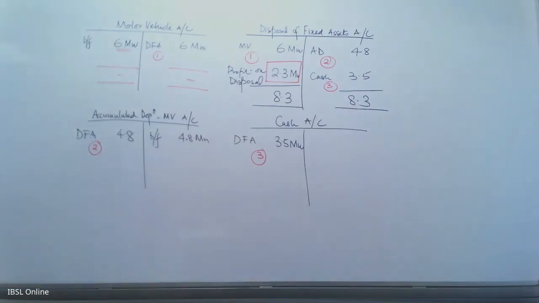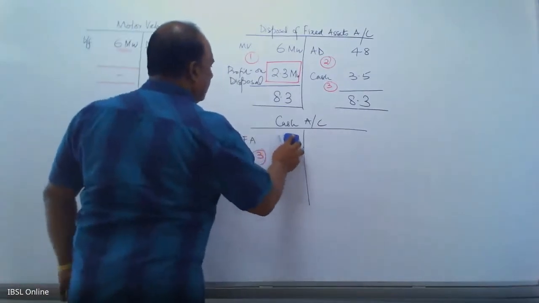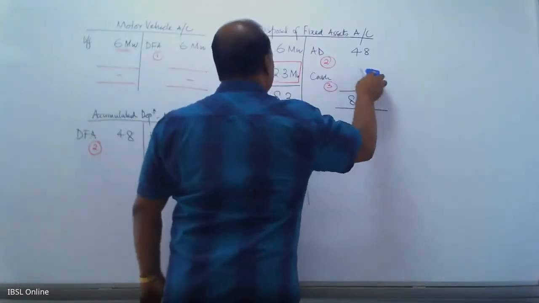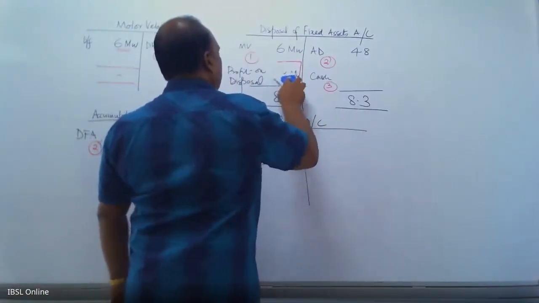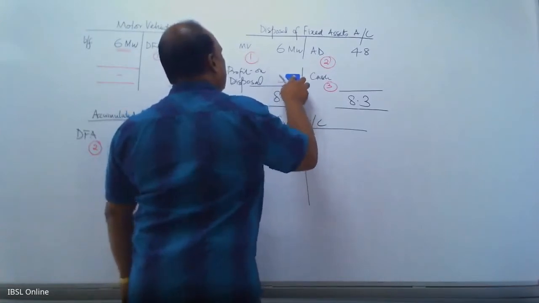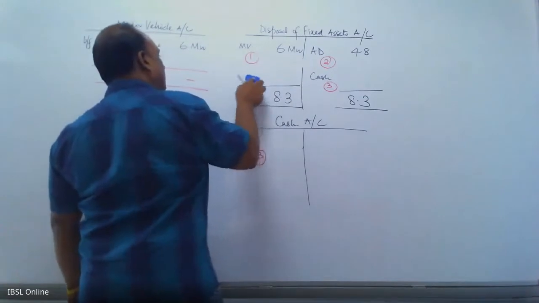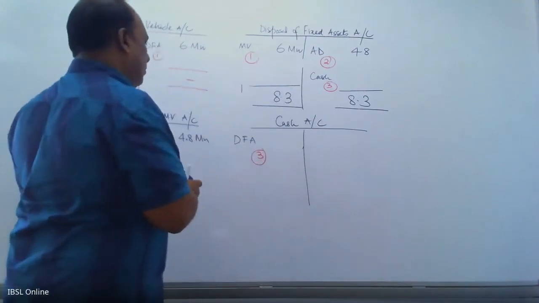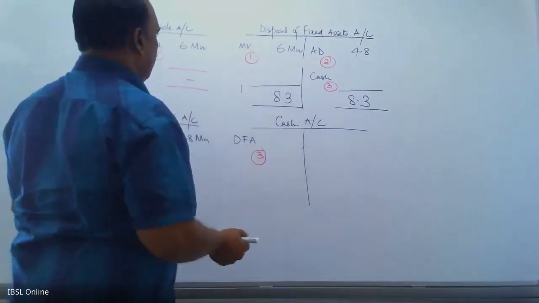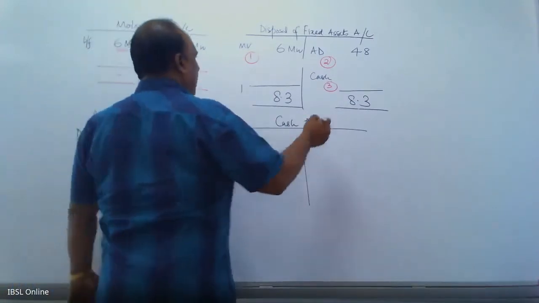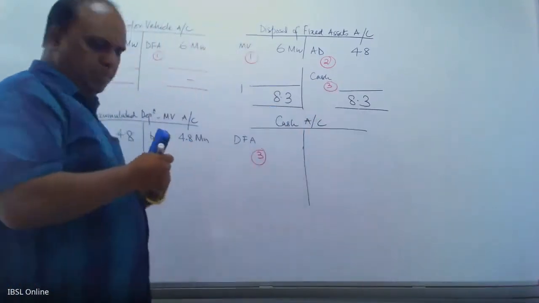Now let's say you have sold this machine or the vehicle. I'm just raising this. Suppose you have sold this machine for 1 million. I'm just taking an example.